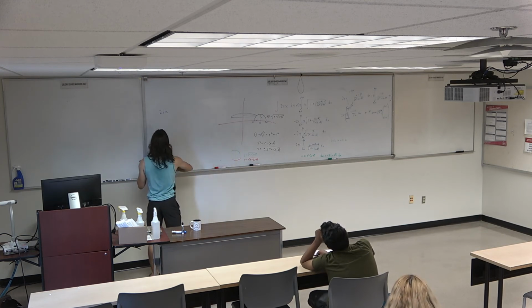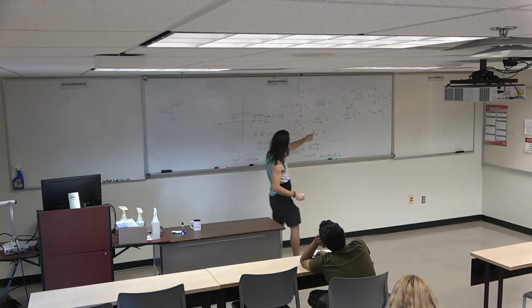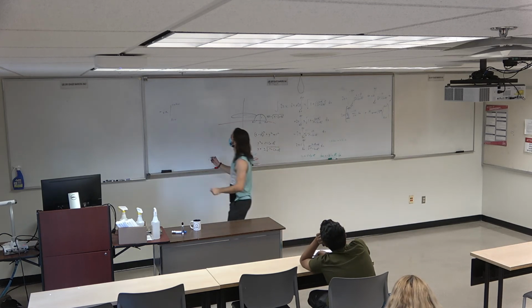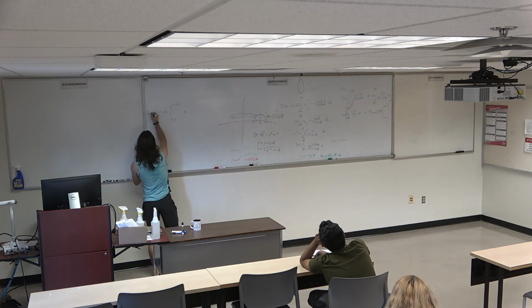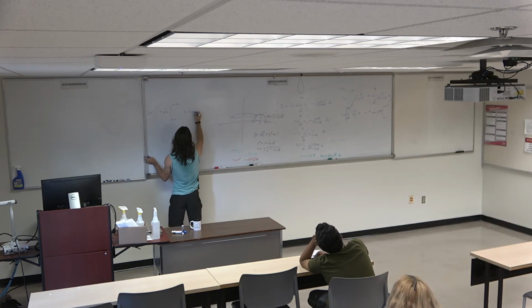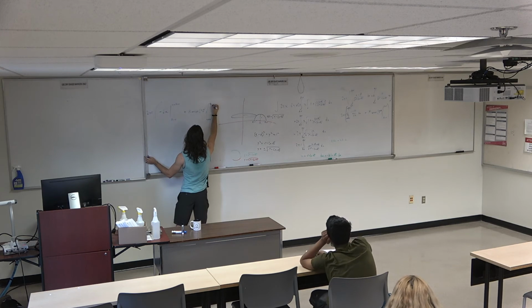So it turns out we get negative square root of u from here to here. Am I doing this right? Negative square root of u from there to there, and then this from there to there. So it's 2 pi r times... okay.